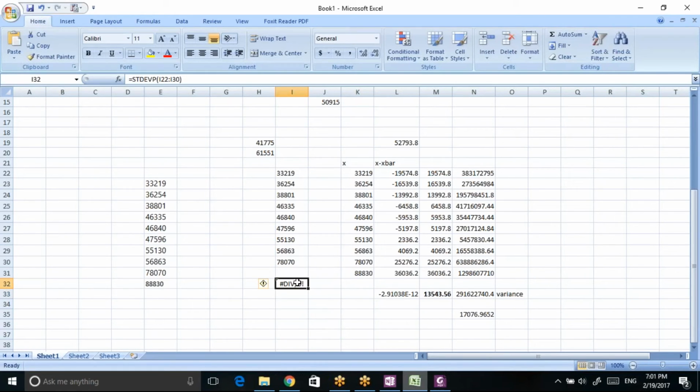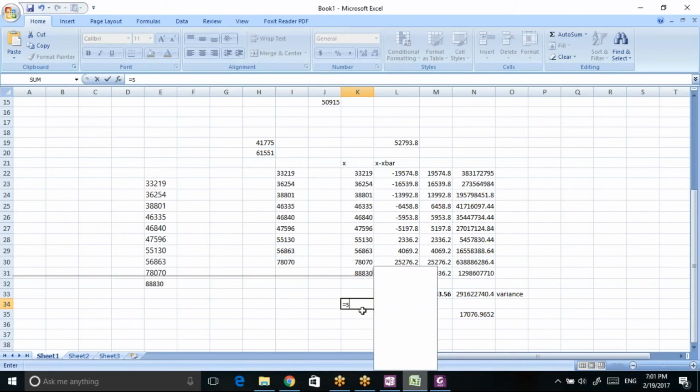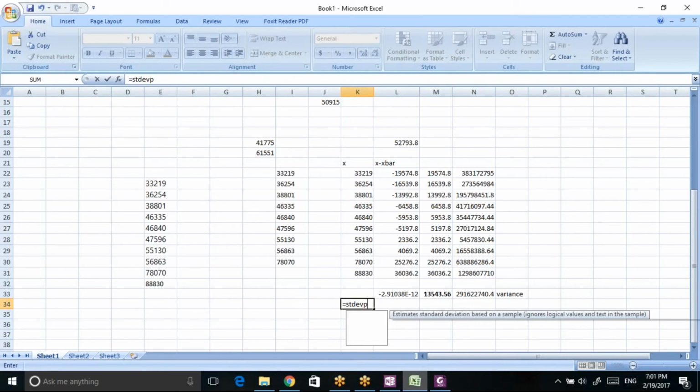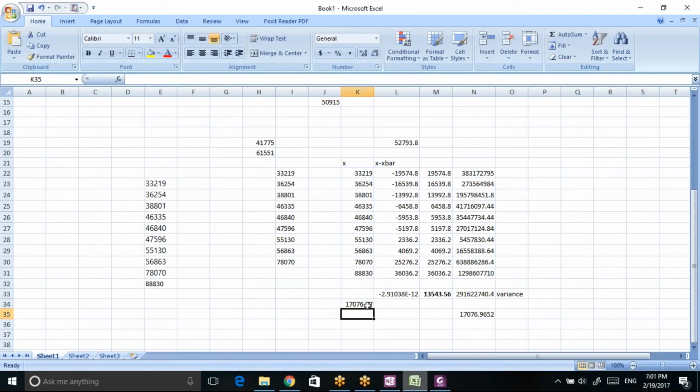Why am I getting 0? Oh sorry, it's text data. Let me use it over here. STDEVP, and then directly we are getting these values. You will get the same value. Venu, got it?